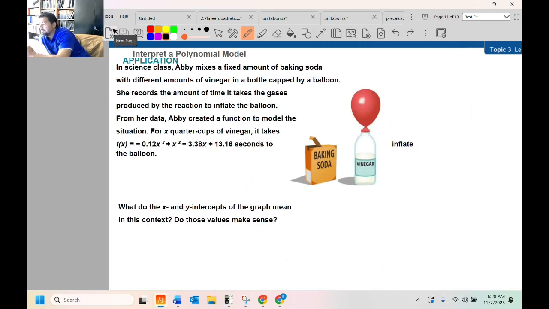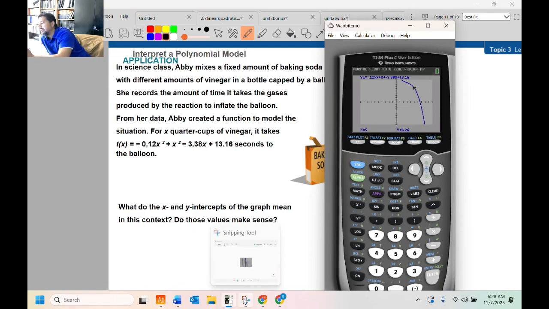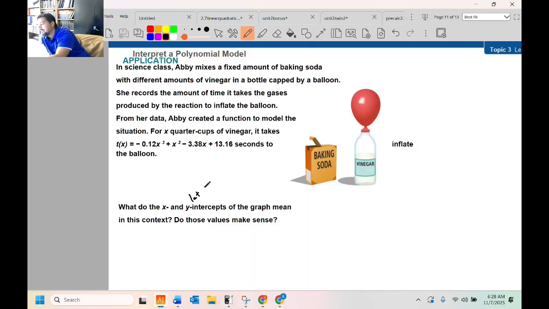All right. What do the x and y intercepts of the graph mean for this context? Do these values make sense? Probably not. The y-intercept here, of course, we find a y-intercept by letting x be 0. So we would have T of 0, which is the y-intercept, negative 0.120 cubed plus 0 squared.